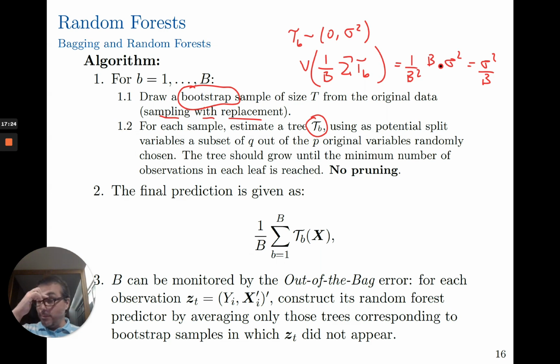So what we are going to do, at every decision, at every split, is look only at a subset Q out of the P possible variables. We are going to randomly select out of my basket of variables only Q out of P. And we are going to look for the best split only using these Q variables, not the P variables.